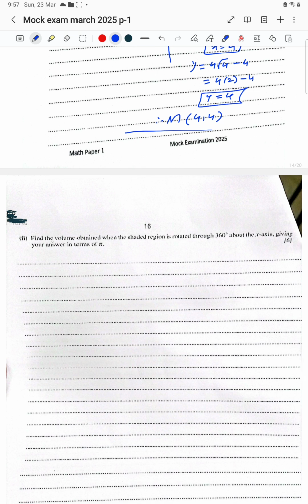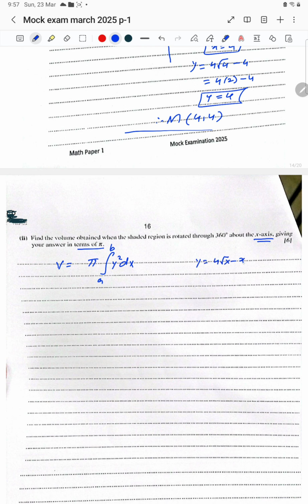Now the next final part: find the volume obtained when the shaded region is rotated 360° about the x-axis, in terms of π. We know that the volume is π ∫ from a to b of y² dx, as y is given.